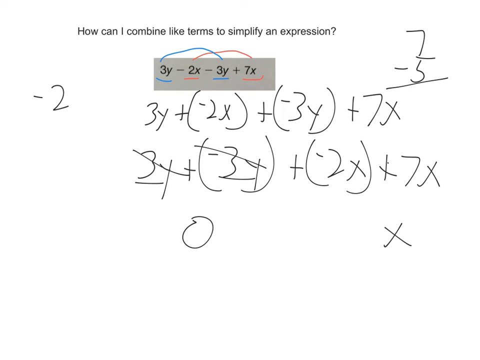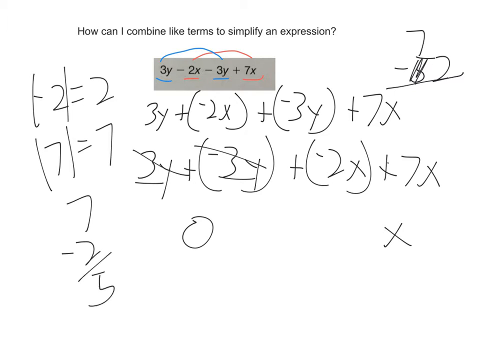The absolute value of negative 2 equals 2, and the absolute value of 7 equals 7. 7 is greater than 2. So I wrote that down wrong over there. So do 7 minus 2, it equals 5. And I know since 7 had the greater absolute value, that originally was positive, so my answer is 5x plus 0, which can just be written as 5x. This expression is simplified as just 5x.